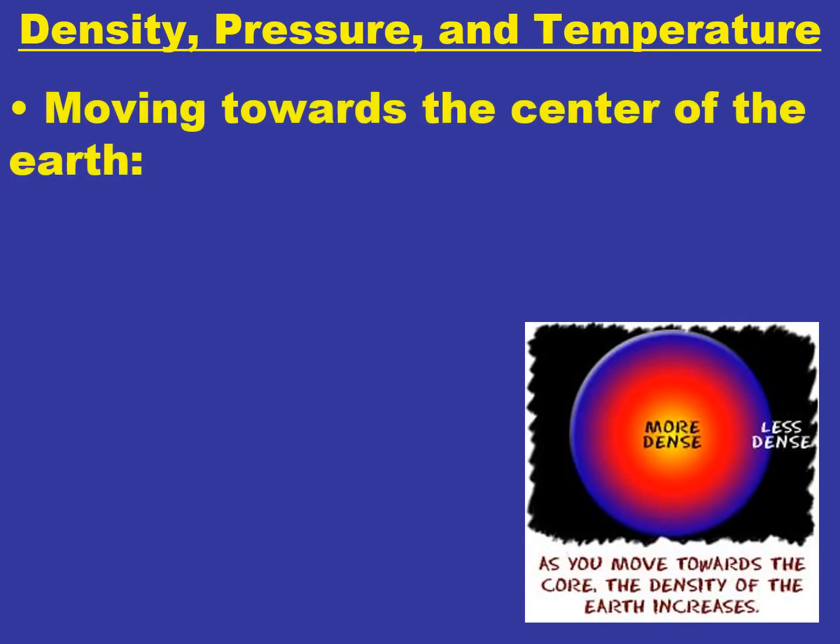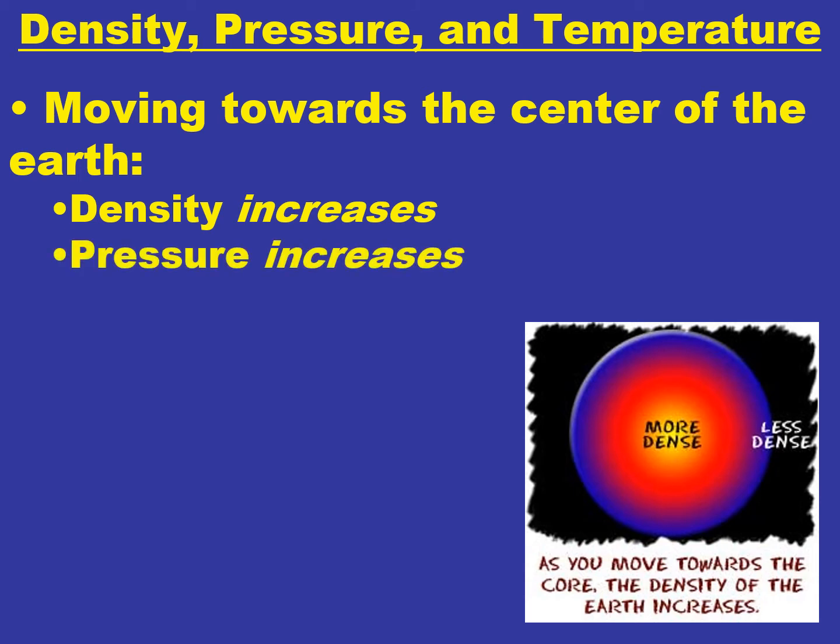So a little bit more about density, pressure, and temperature. As we move toward the center of the Earth, we're starting at the crust, which is the least dense, and we're moving in. So as we move in, the density is going to increase. The crust is the least dense, and then the mesosphere is a little more dense, the outer core is a little more dense, and finally, the inner core is the most dense.